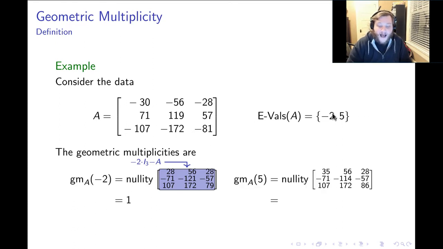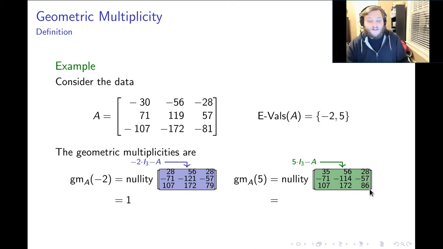What about 5 as an eigenvalue? Well, to figure out the geometric multiplicity of 5 as an eigenvalue of A, I need to look at the nullity of the associated characteristic matrix. So I need to take 5 times the 3x3 identity and subtract off A and figure out what the nullity of this matrix is. I plugged this one into a computer and figured out that the nullity is equal to 1.